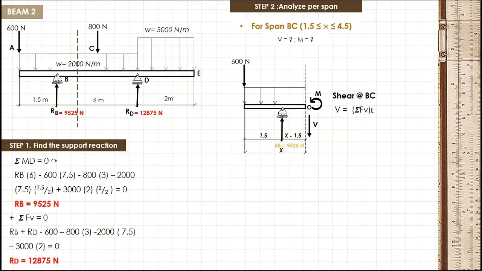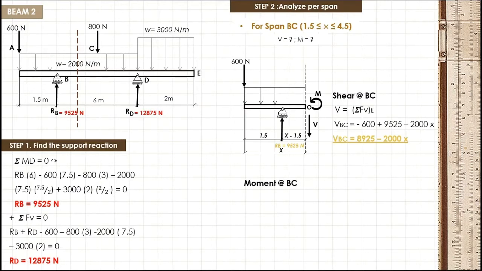For shear BC, we have V is equal to the summation of vertical forces considering the loads and force at the left side of our section plane. So, we have negative 600 plus 9,525 minus 2,000 multiplied by X. So, let us simplify. We have 8,925 minus 2,000 multiplied by X.